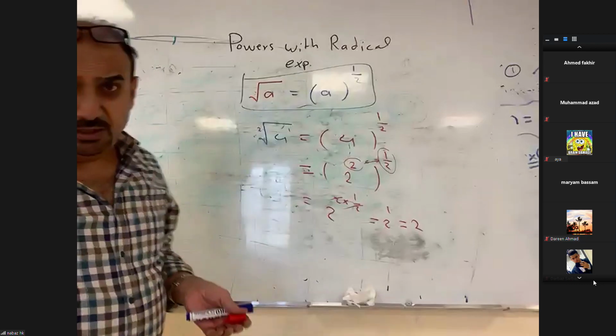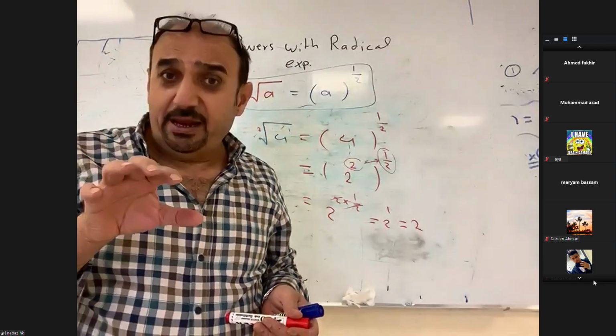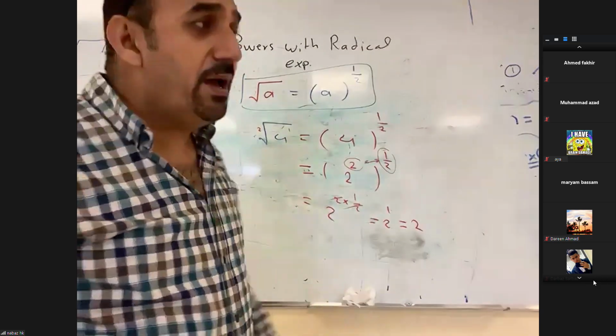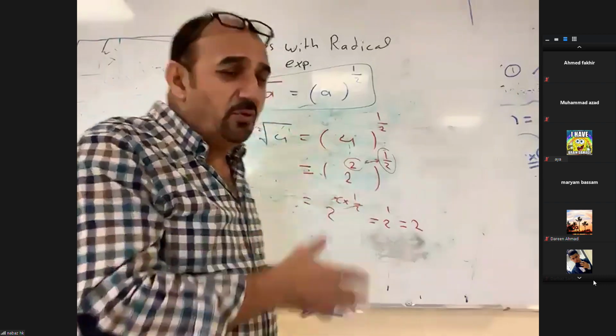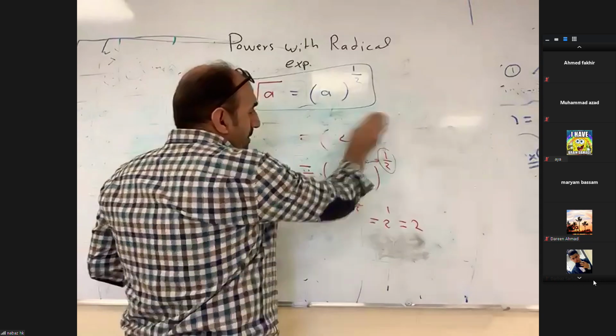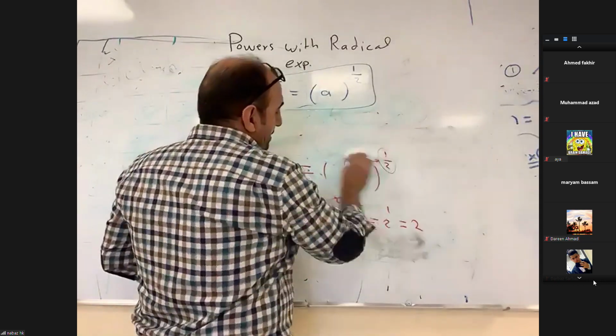The important thing here is how you change the radical only, and by the calculator we can take the result.